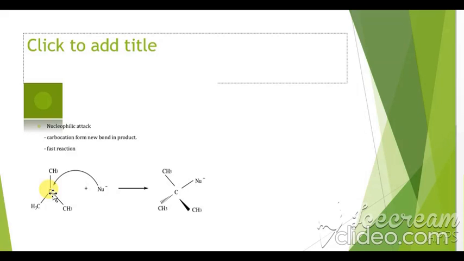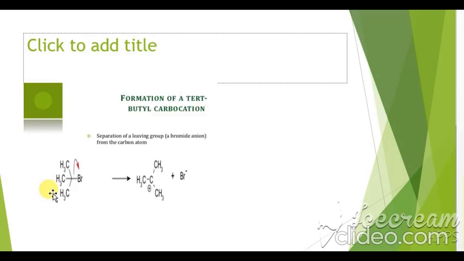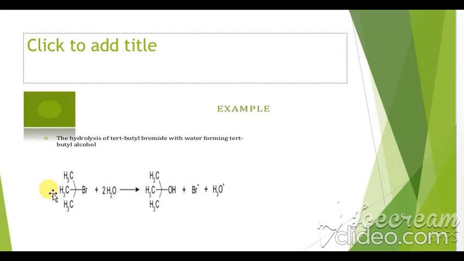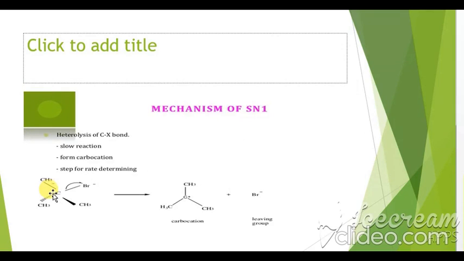This is the stereochemistry. And the rate of the reaction always depends upon the slow step. So what is the slow step? Here, where the ionization takes place. So molecularity depends upon this step.